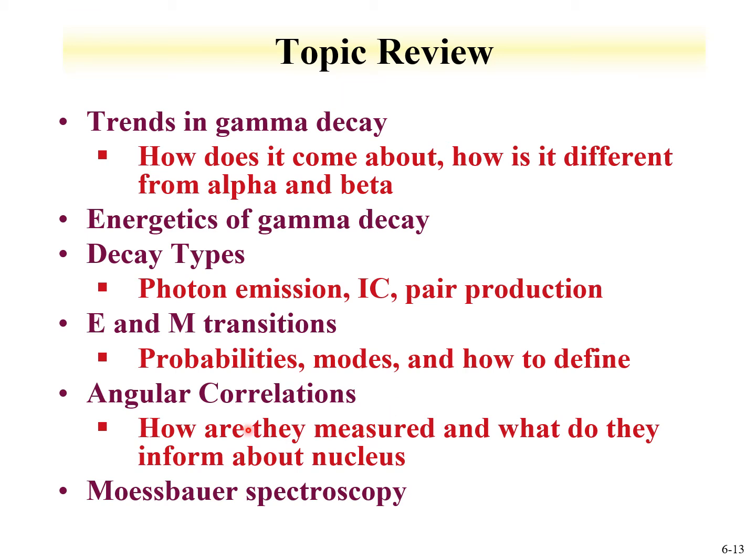And finally, we discussed Moessbauer spectroscopy, a concept and spectroscopic tool that was awarded the Nobel Prize, by Moessbauer, who was at Technical University of Munich. And you should understand how Moessbauer spectroscopy is used, and fundamentally how it is similar to UV visible spectroscopy, except you're talking about nuclear states, not electronic states.